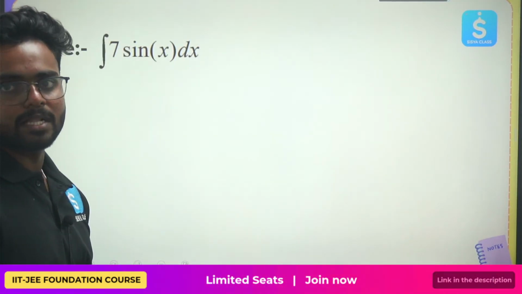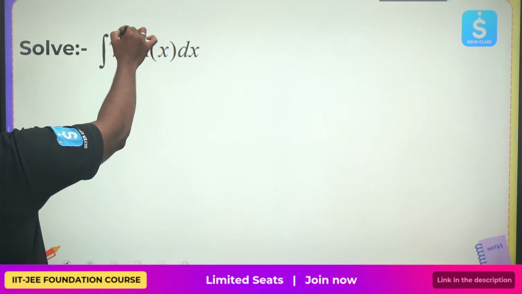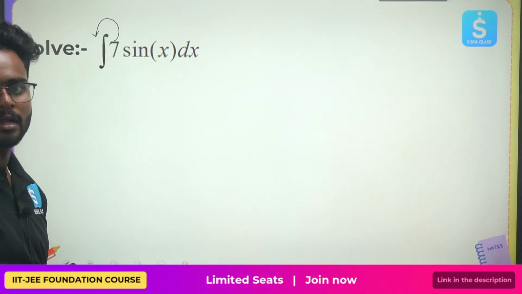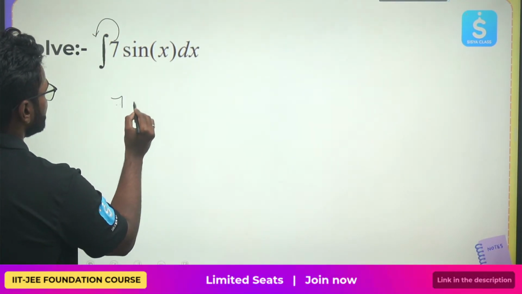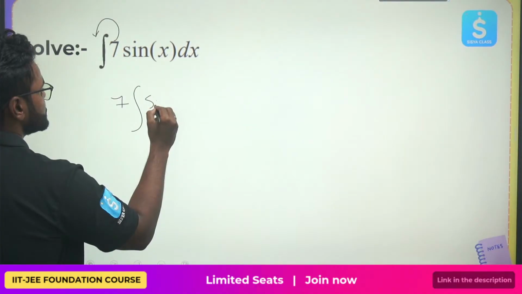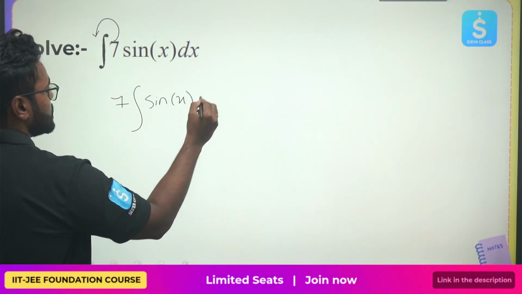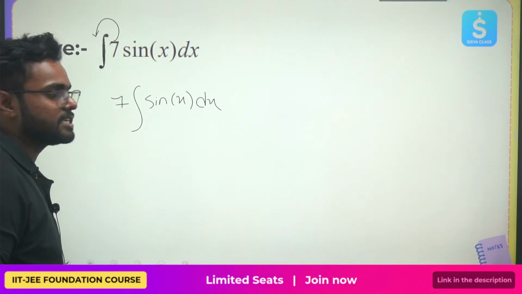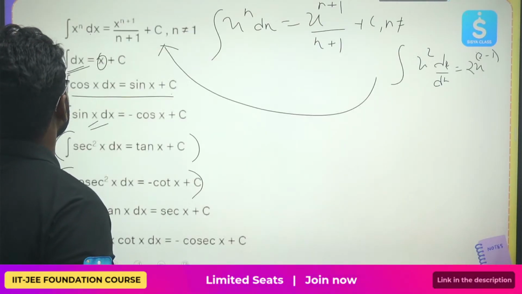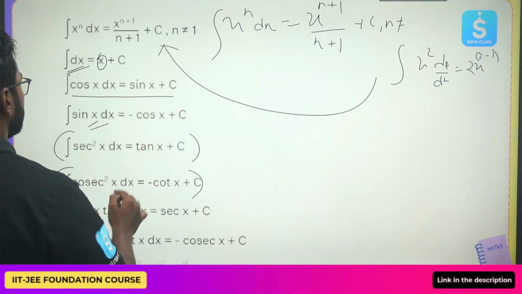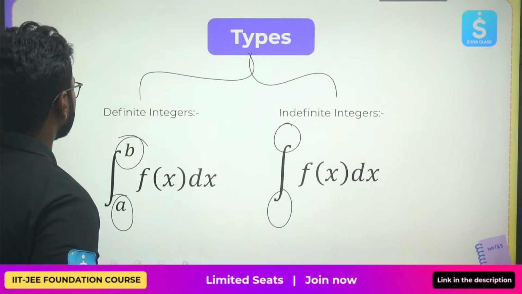Now let us solve the simple sum. The first step would be to get this constant outside the integral. It would be 7 integral of sin x dx. We know the integral of sin x is minus cos x, right? Let me show you. Sin x would be minus cos x. We can solve this.